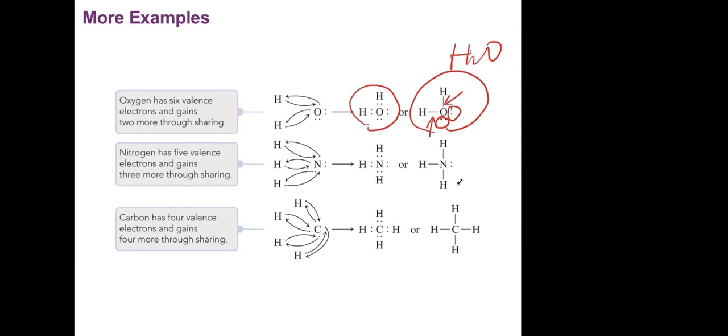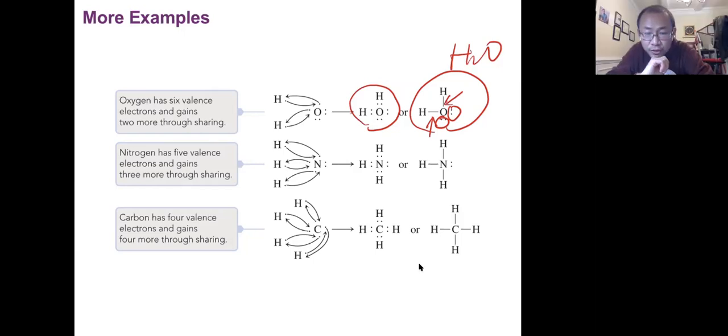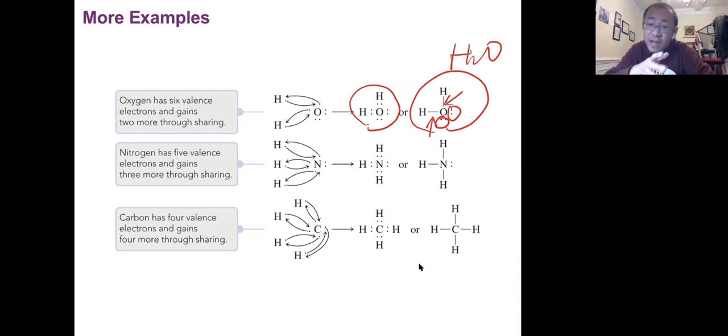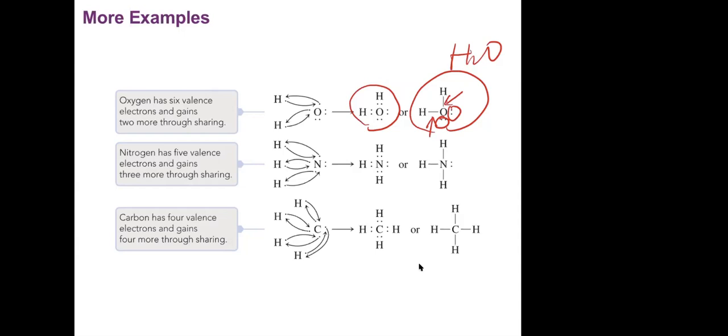On the last two, why is the H written last? You said NH3 and CH4. Yes, when we write the formula, it's NH3 and CH4. Why is that? That's a good question.